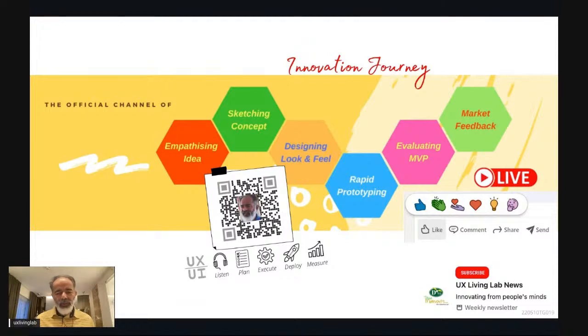So these tools and interviews are good for ideation and concept. Then some tools are good for look and feel and prototyping, but mainly we are talking about UI designs, mainly on ideation and look and feel.